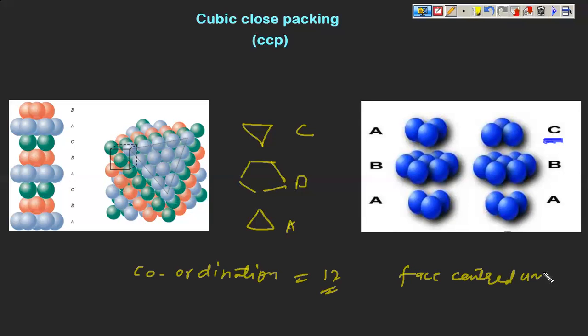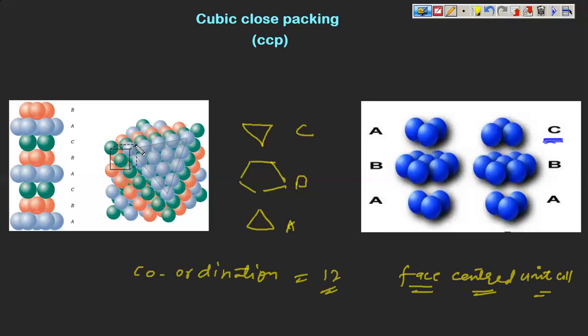Face centered unit cell means here the particles are present at vertices as well as in the center of the faces of the unit cell. You can see here how this cubic close packing forms a face centered cubic cell. See, 1, 2, and the red one, third and fourth.